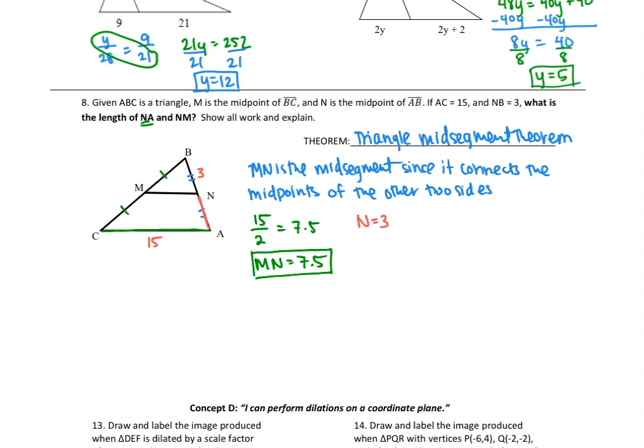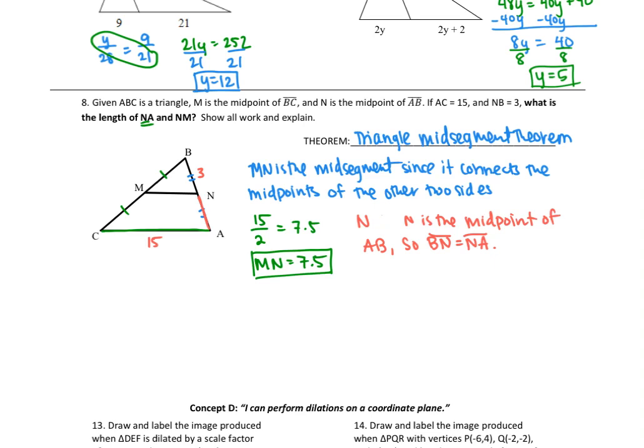And the reason for that is because N is the midpoint of AB. So that means that BN equals NA. And if BN is 3, that means NA is also 3.